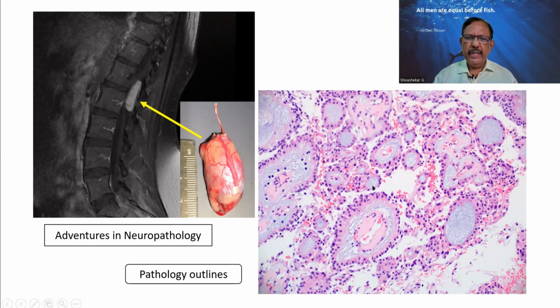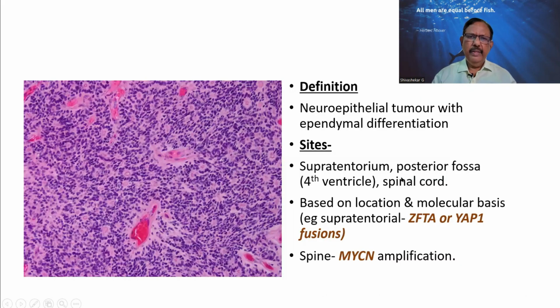Also, the picture taken from pathology outlines shows a tumor that is composed of rims of cells in a central papillary core. The intervening spaces are all the empty spaces into which the papillary projections are seen. The diagnosis for it is ependymoma.